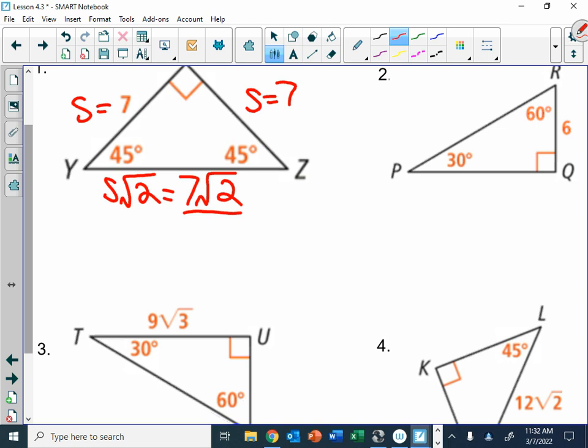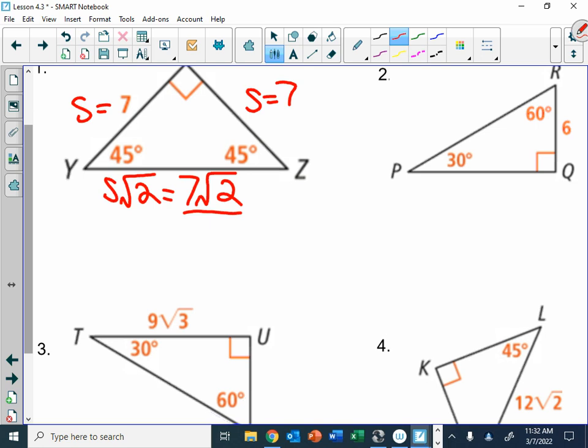All right, number 2. Once again, obvious question: 45, 45, 90 or 30, 60, 90? 30, 60, 90. I'm given one of the sides, and that's 6. Is it a leg or a hypotenuse? The leg. So now I need to ask myself, is that leg S or S times the square root of 3?